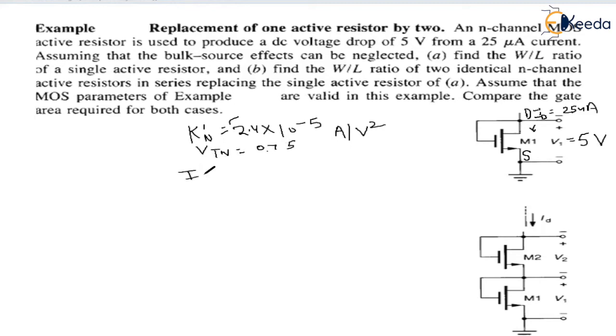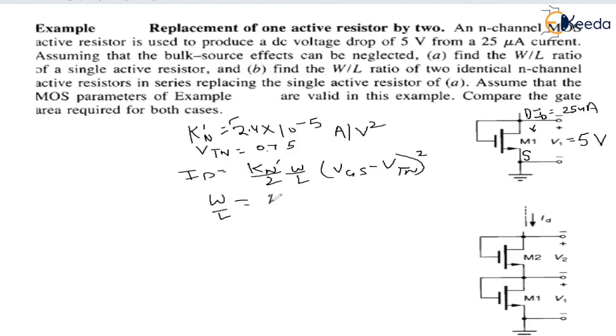ID is given as Kn dash by 2 times W by L times VGS minus Vtn, the threshold voltage in case of NMOS transistor, whole square. So the W by L ratio can be found from this equation.